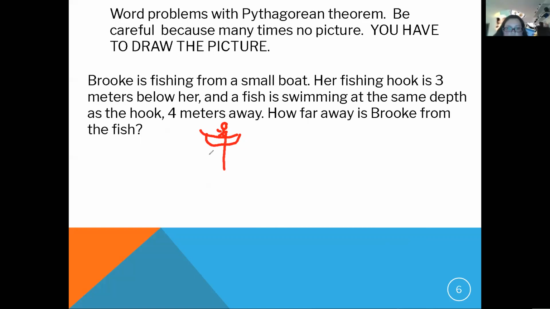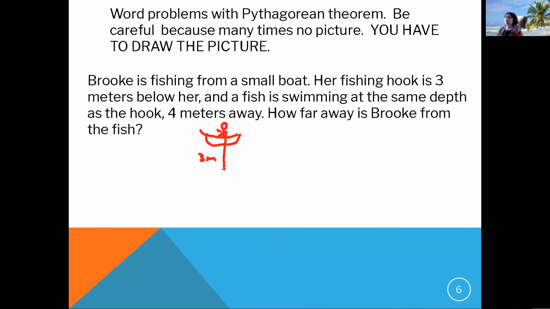Right here is 3 meters. Have I lost anybody yet? Nope. Everybody understands my beautiful drawings. Okay, at the same depth.